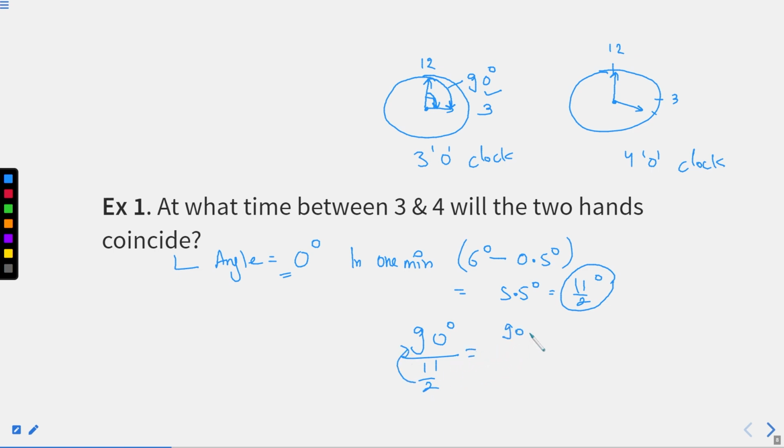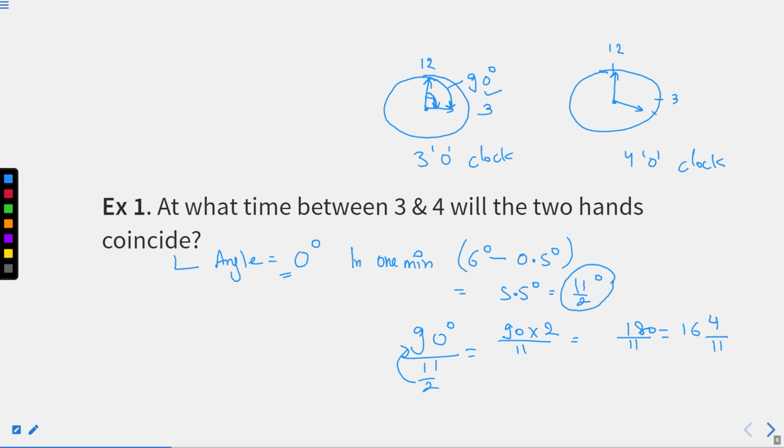It becomes 90 multiplied by 2 divided by 11. It comes out to be 180/11. And when we solve this, right, how will we get our answer? We'll get 16, and the remainder comes out to be 4, right?